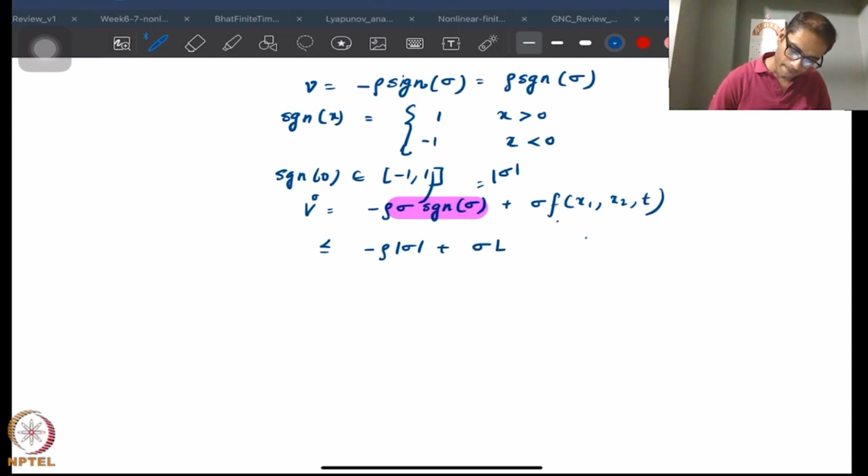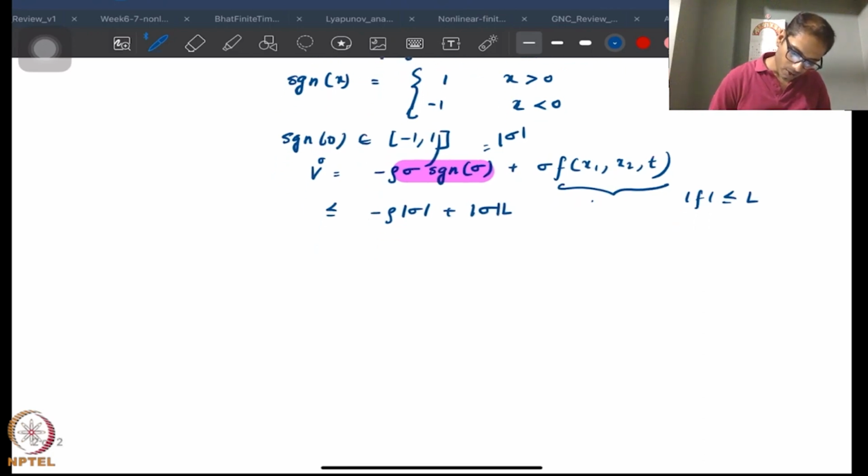Because the absolute value of f is less than or equal to L, and so there will be an absolute value of sigma here as well. So if I take the absolute value of sigma common, then this is absolute value of sigma with a negative sign, times rho minus L, right? So this is v dot.